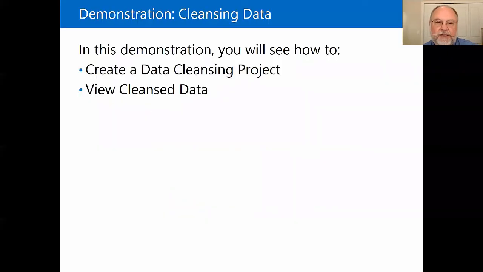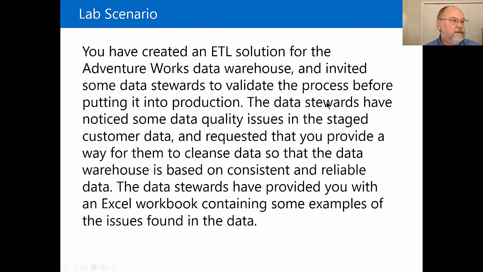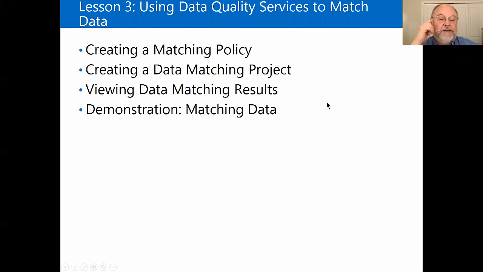So one more thing to talk about here, and that is deduplication, in other words, matching data. So finding two records that are matching. Unlikely that they'll both be in the same database or same source data, but we might be reading data from lots of sources.